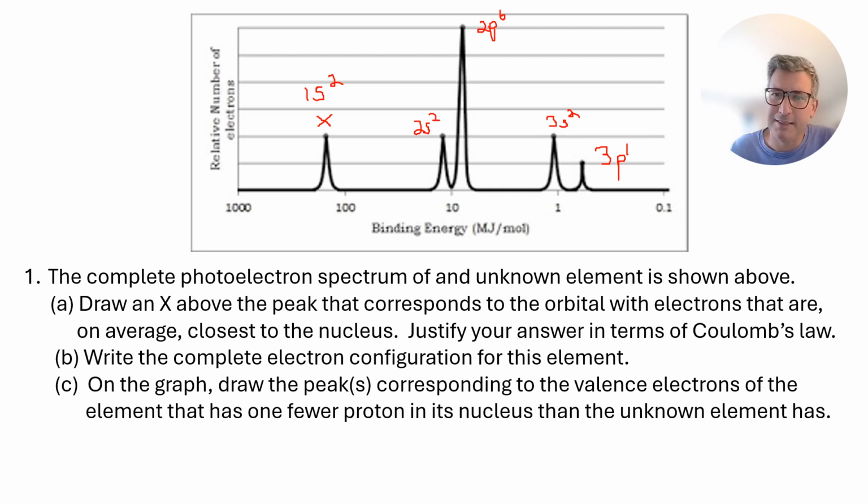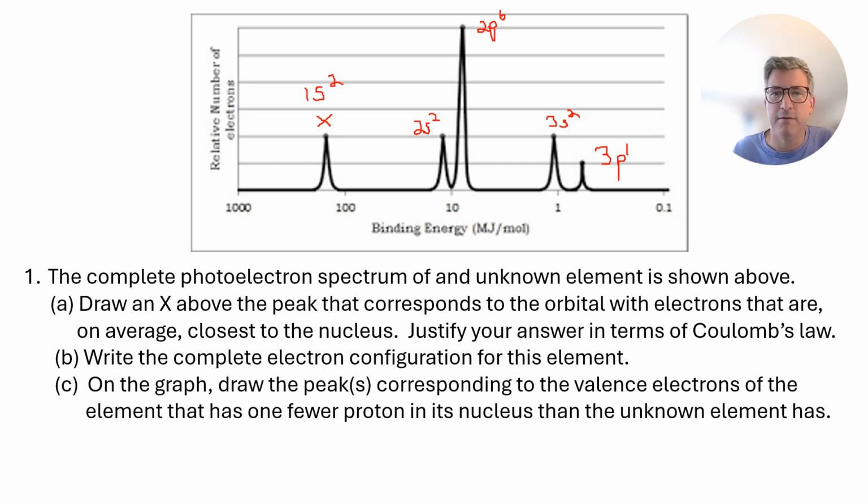Okay, so we know that we're not going to have that 3p1 peak anymore because we're taking away 1 electron. And this is no longer aluminum. This would be magnesium. Now, there's one other change other than the 3p1 being gone. I hope that you thought about this.